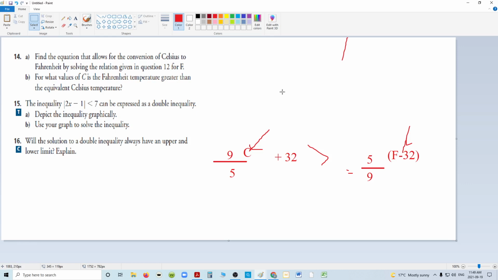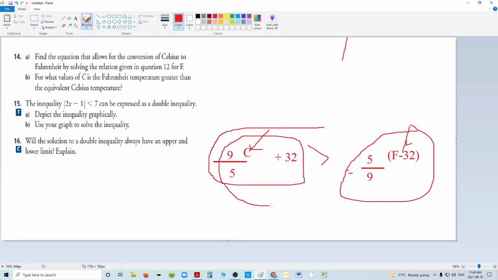So when is this going to be bigger than the Celsius?